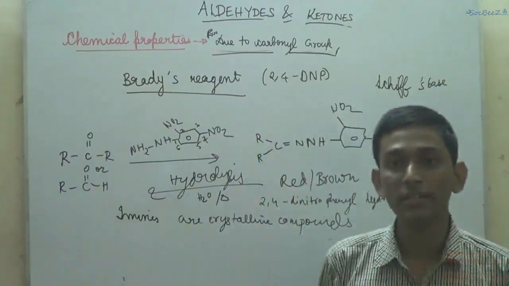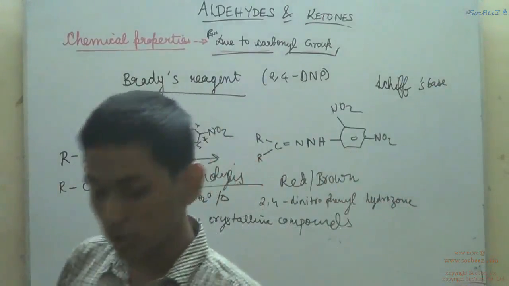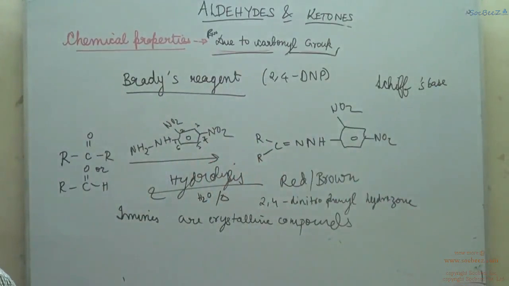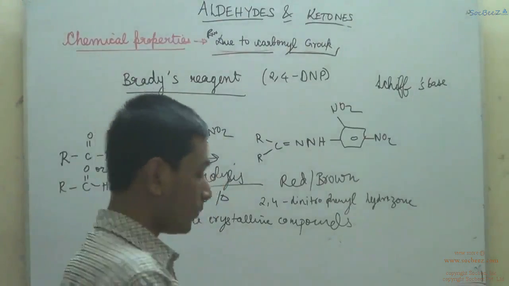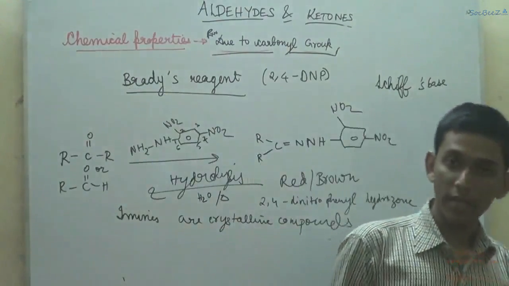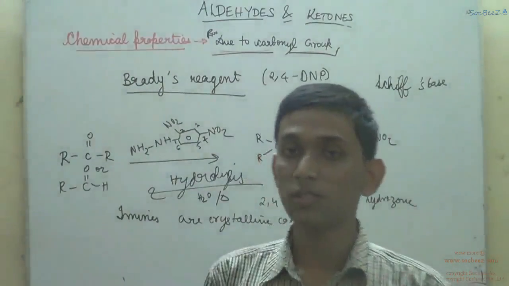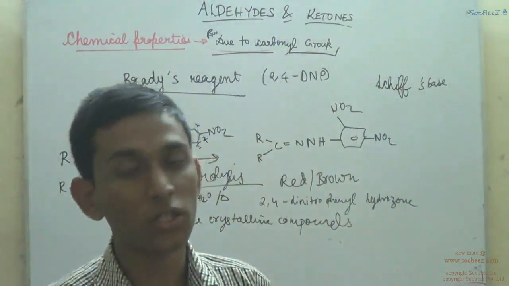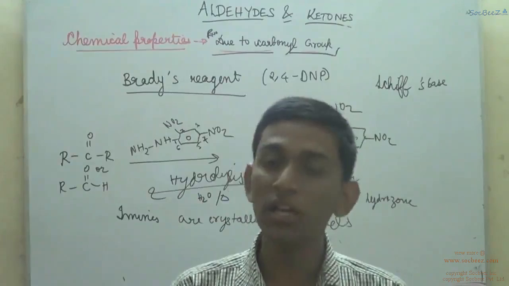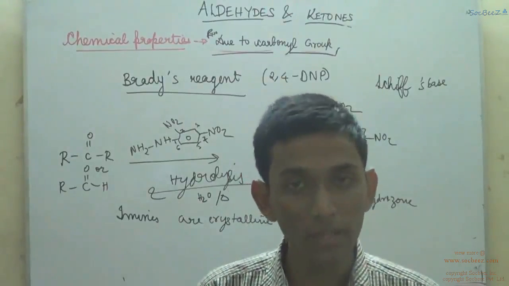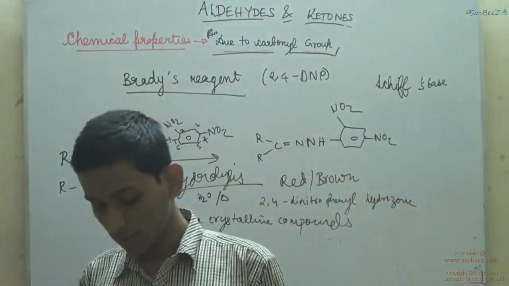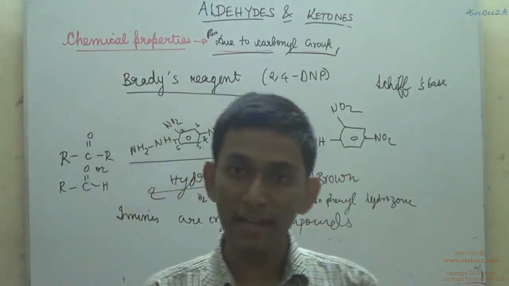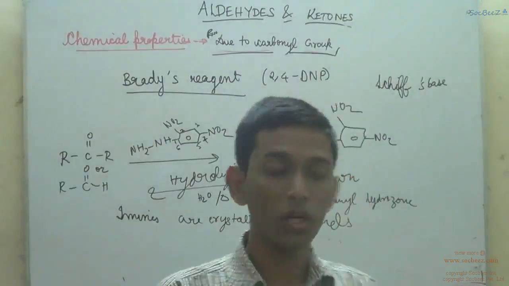Pink color Schiff's base is decolorized by sulfur dioxide, and the solution obtained by passing sulfur dioxide into Schiff's base is called Schiff's reagent. So when sulfur dioxide is passed into the solution of Schiff's base, you get a colorless Schiff's reagent. So Schiff's reagent is a test for aldehydes, whereas ketones do not give it.